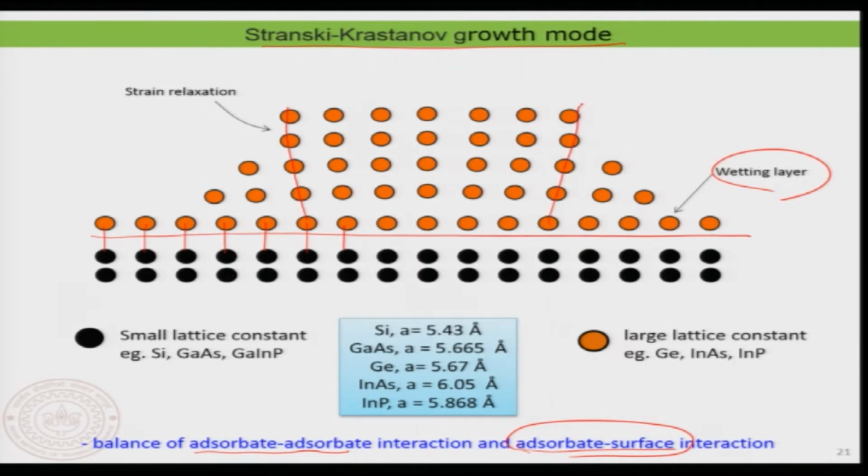So, it just goes like this, and then finally the top layer, or several layers after the interface, you can see that the atoms on the surface are more or less relaxed, and they would reach the bulk lattice.